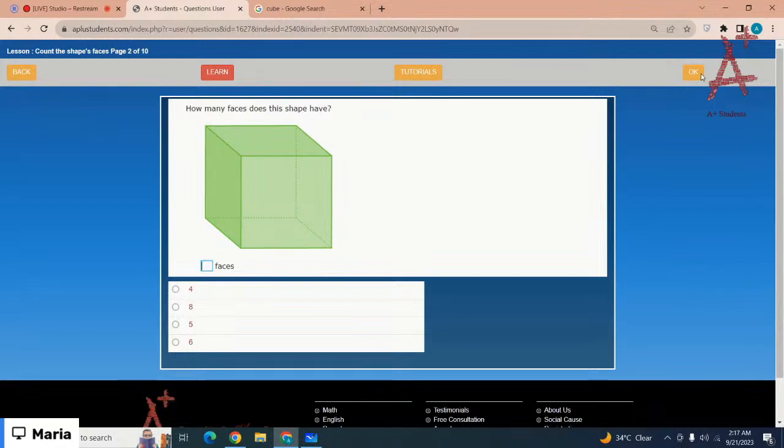How many faces does this shape have? Which is the correct option? Which is the correct option?